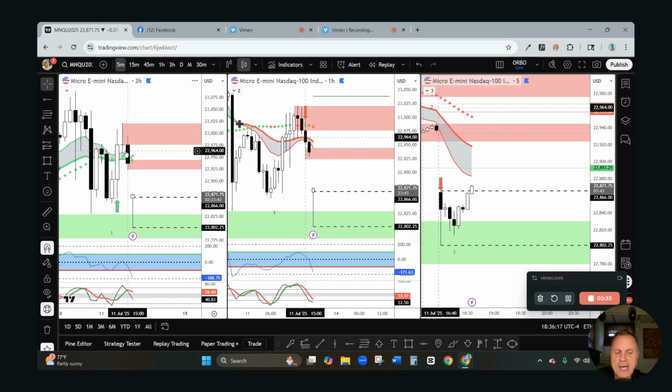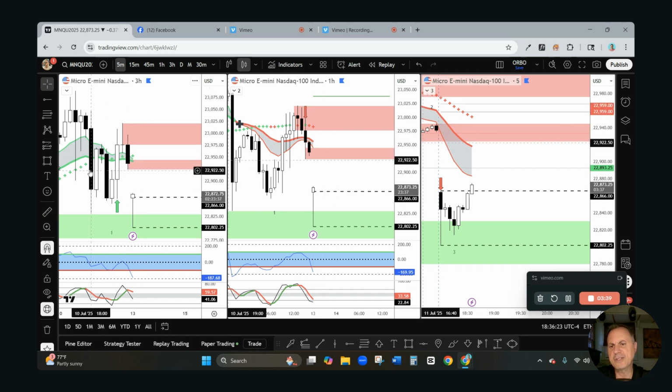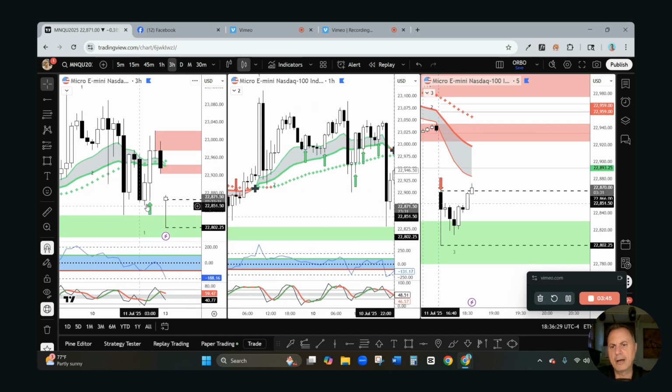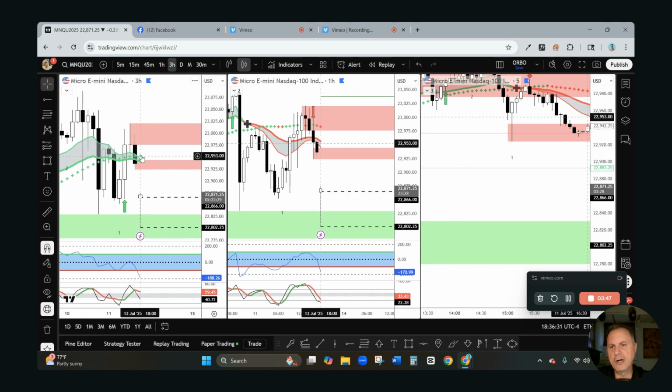Why is the 3 hour time frame a pseudo trend? Because we have this green trend cloud going up, right? We have this uptrend, but price is below the trend cloud, right? Price is below an upward trend. We don't like that.